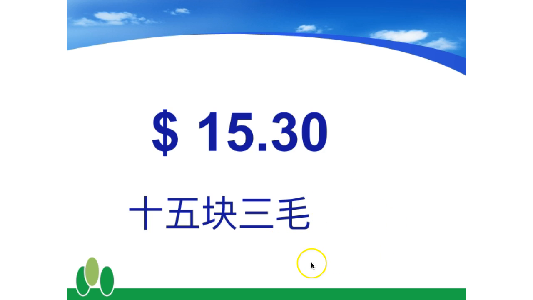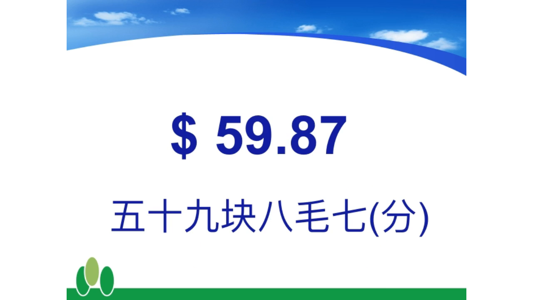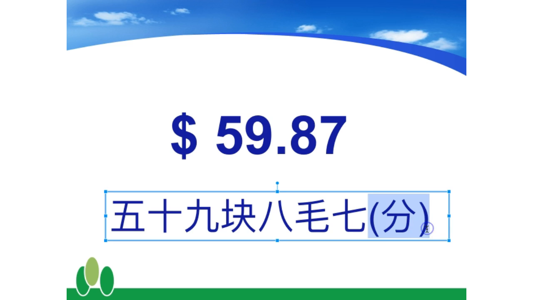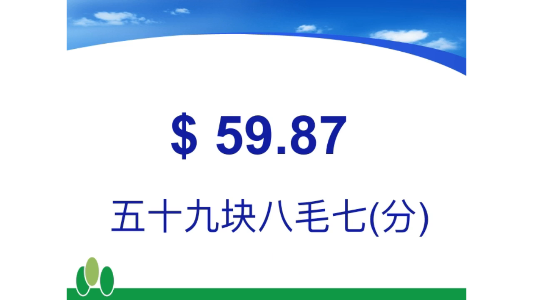We don't need to include it. 59块8毛7. $59.80, 8 dimes, and 7 cents. Now the fen here is again omitted because it is already implied by the whole context. 59块8毛7, 59.87.